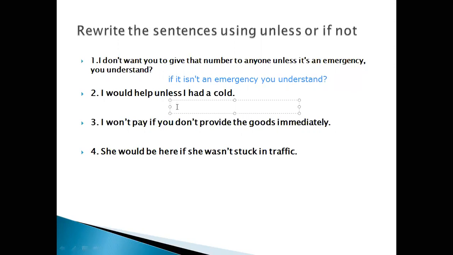I would help if I didn't have a cold. So we've changed the affirmative form of had to the negative form, didn't have.